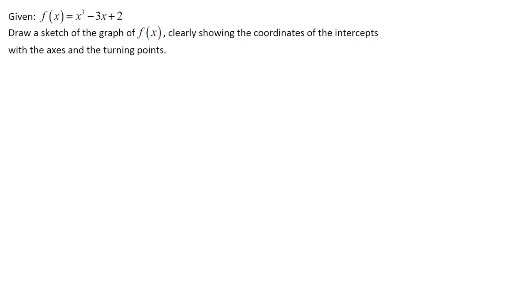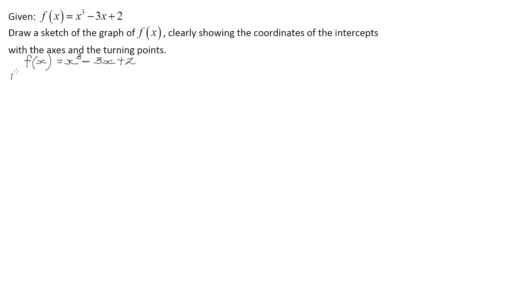So, let's write down the equation first. Function f of x is equal to x cubed minus 3x plus 2. Seeing that we need to draw the graph, the first thing that I would like to look at is the shape of this graph.